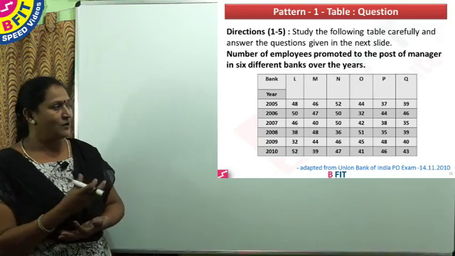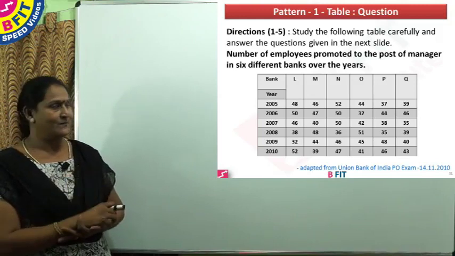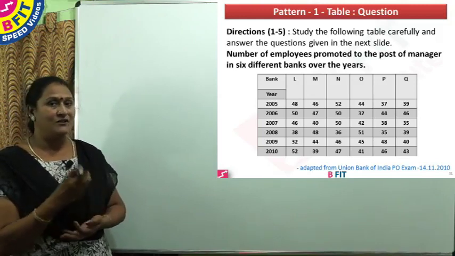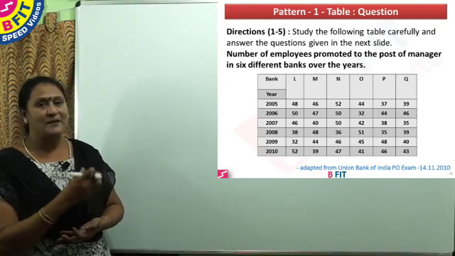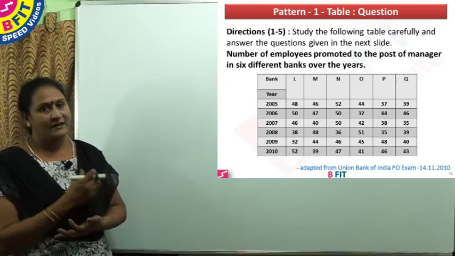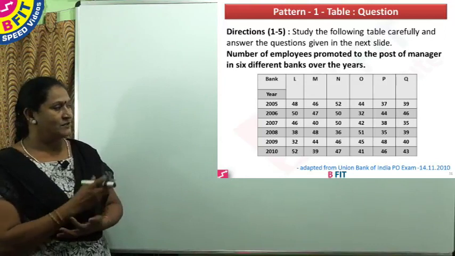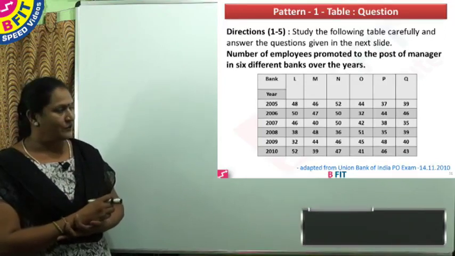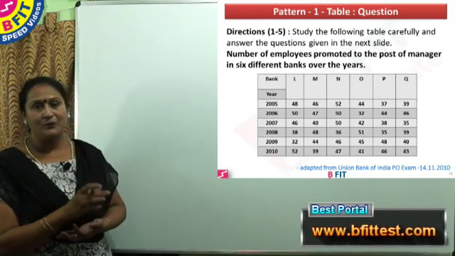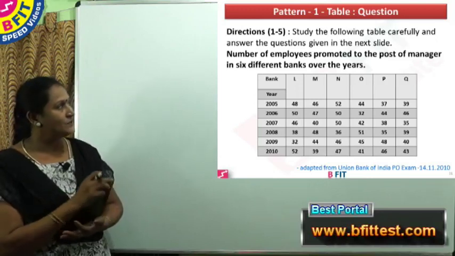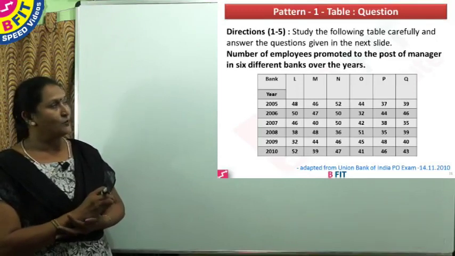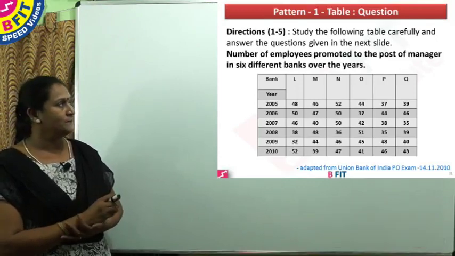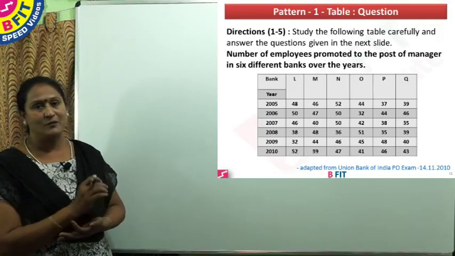So I have taken all the questions from previous exams so that you will get the actual feel of the exam. And now we'll see the first pattern, which is given in table format. This question was taken from the Union Bank of India PO exam. It is given that number of employees promoted to the post of manager in 6 different banks over the years.